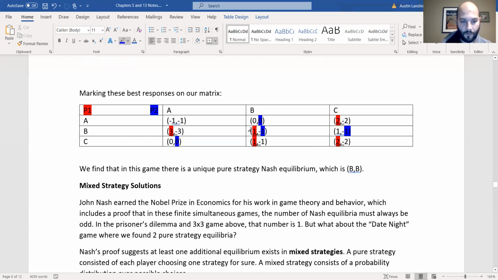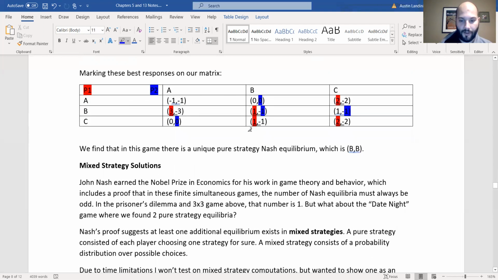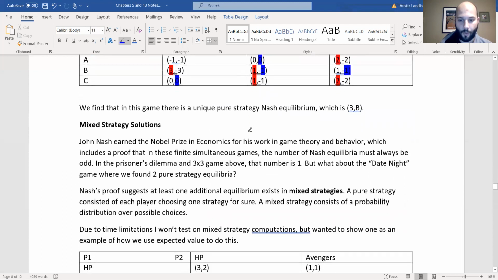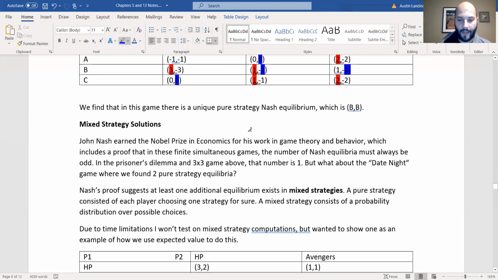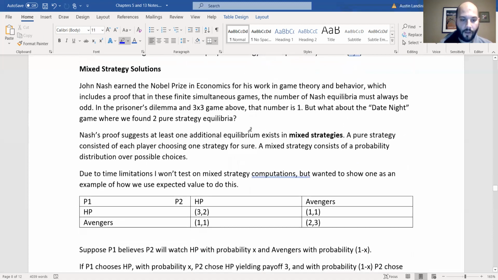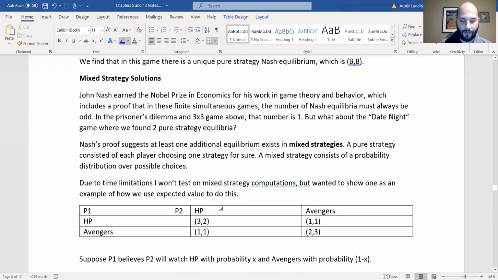We also want to briefly introduce mixed strategy solutions, and I'm actually not going to go through or test on mixed strategy calculations, but I did put an example of how to do it. In a mixed strategy, each player assumes that there is a probability distribution over the opponent's moves.